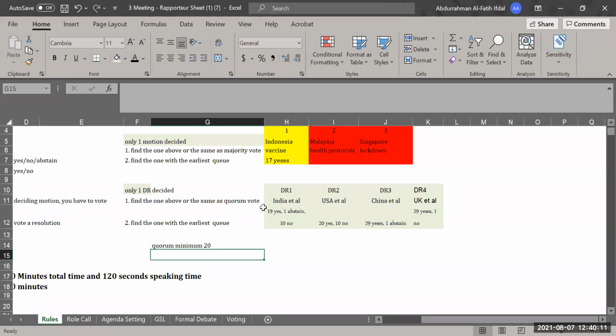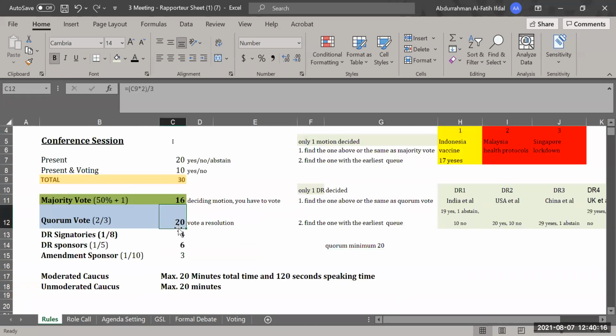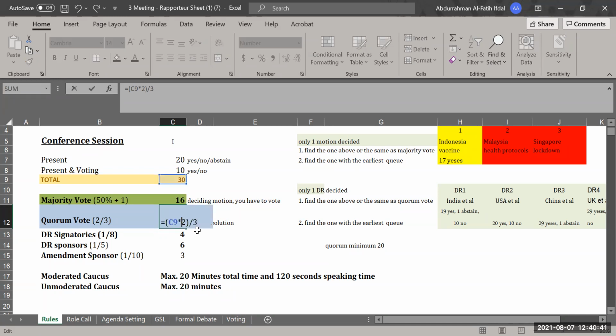Knowing that, we have to ask a question. Does the minimum 20 indicate a combination of yes and abstain, or only the yeses? We're not including the no, because this is 20 votes of agreeing to something. But does abstain count in this calculation? The answer is no. We only search for 20 yes.